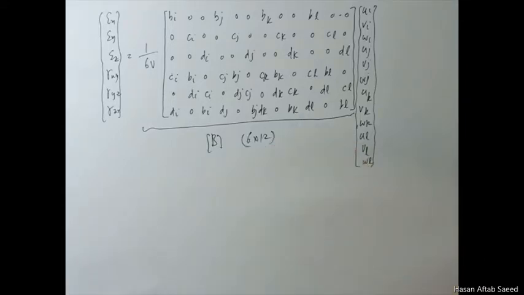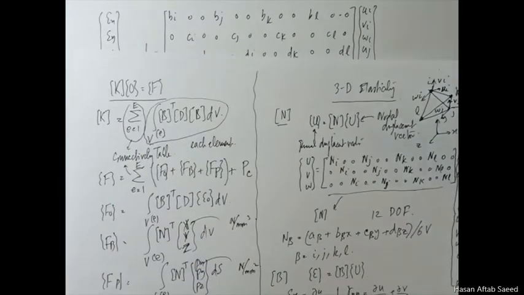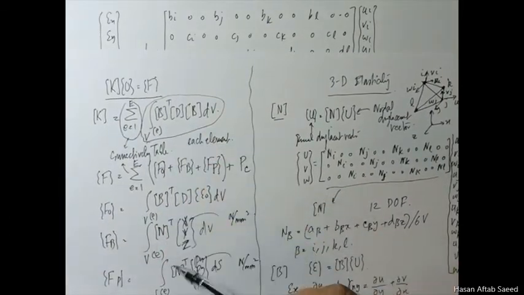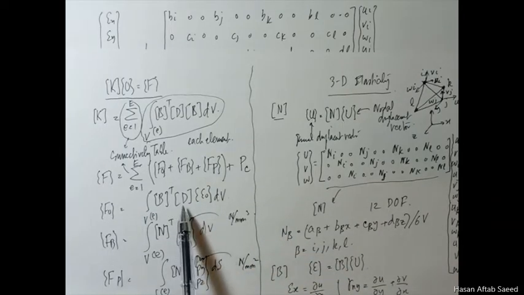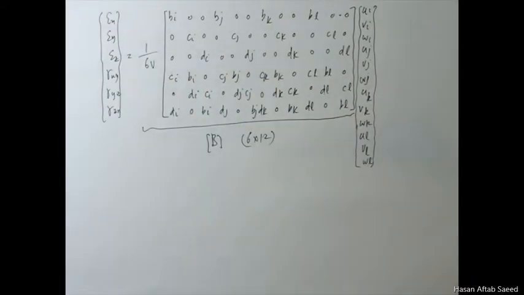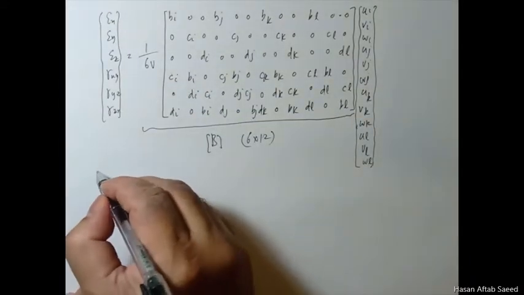Now once we have dealt with this, the next thing that we need to deal with is this D matrix for 3D cases. Again, it's well known when we talk about the D matrix.